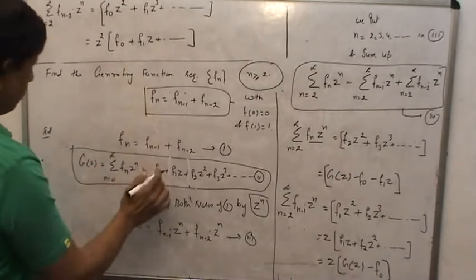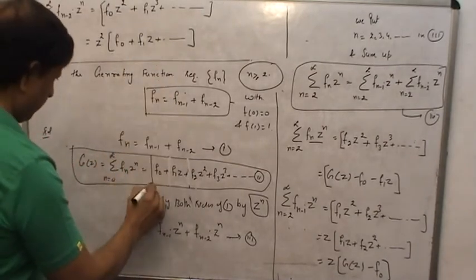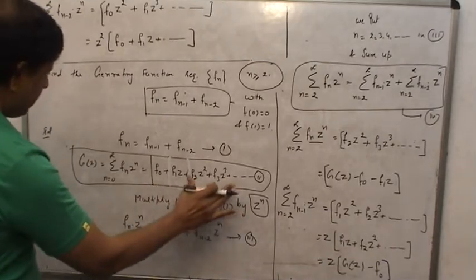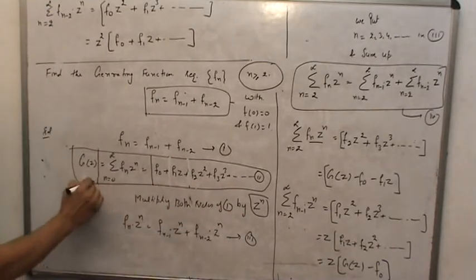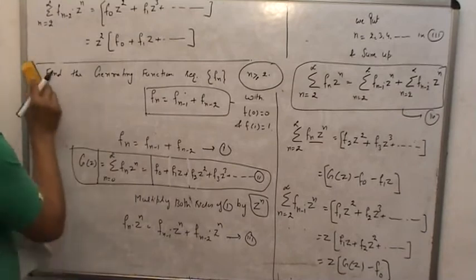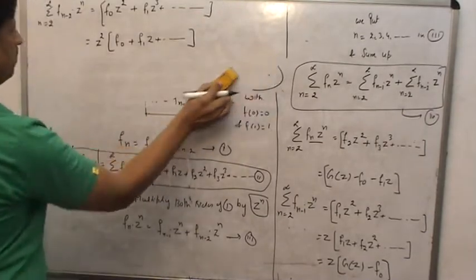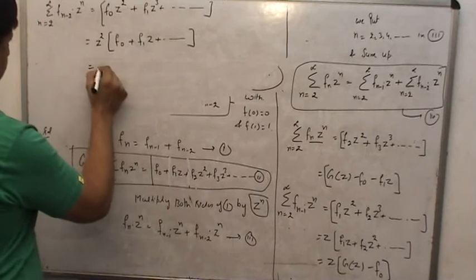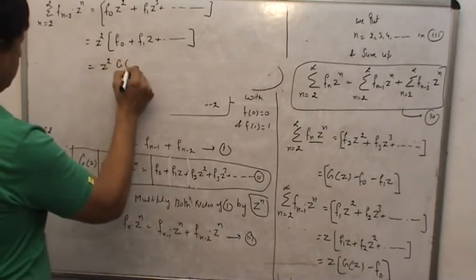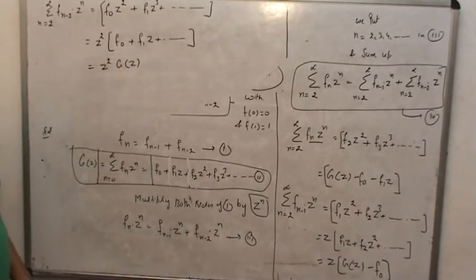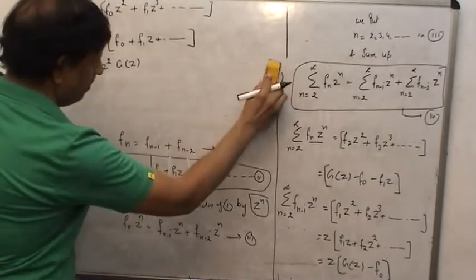And we see this bracket starts from here, and the whole right hand side is equal to gz, that is z square into gz. Gz is a generating function.